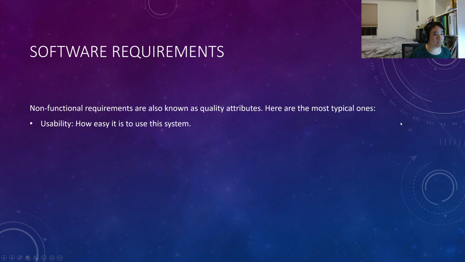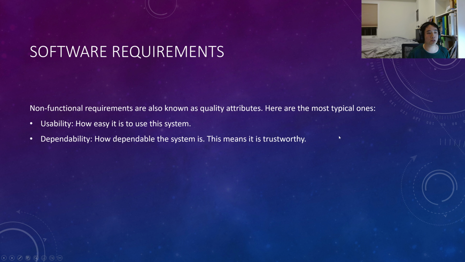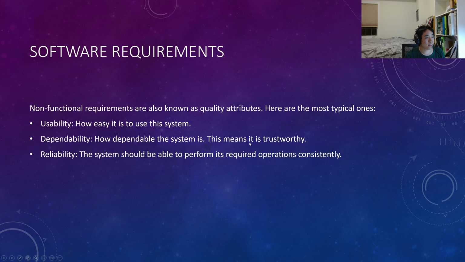Typical non-functional requirements can be put into different categories. We have usability, which is how easy it is to use the system. Dependability, which is how trustworthy it is. Reliability, basically how consistent the system is.